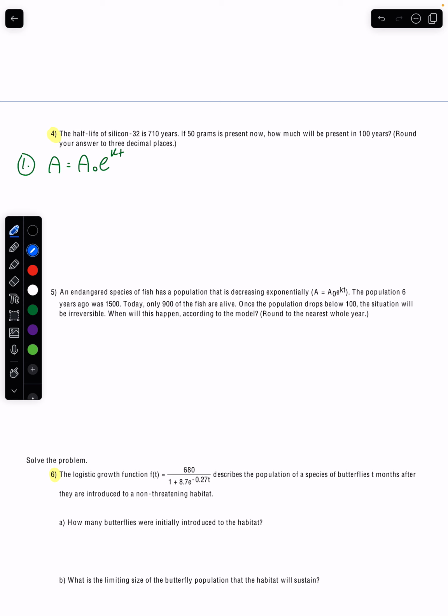For the first piece, we're given the 710 years, and since we're taking the half-life, we know it's just going to be half, so 0.5. We can plug this in as 0.5 equals e, A sub 0 is just 1, because we're just using 1 year. It's going to be k times 710, that's the 710 they gave us. We can take the ln of both sides.